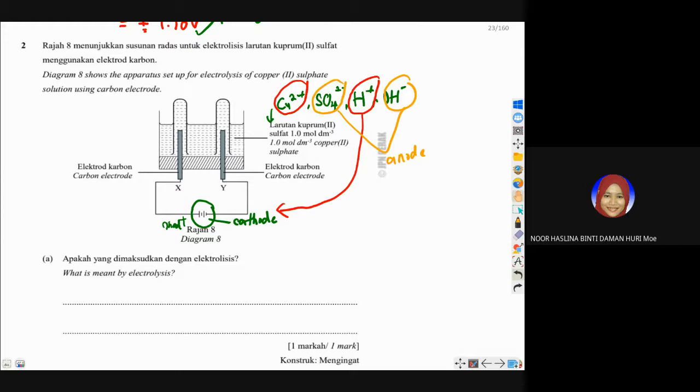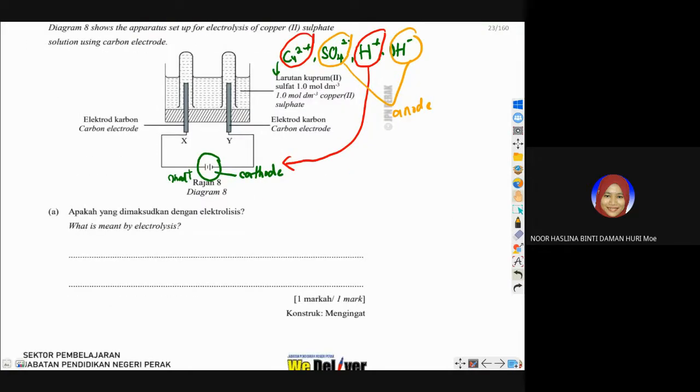Wajib tulis process, okay, whereby compound in the molten state or an aqueous solution decompose into their constituent elements by passing electricity through them. Wajib ambil the whole answer situ, okay, the whole ayat tu you kena ambil, okay, all the sentence tu you mesti ambil, tak boleh tertinggal any of the point here.